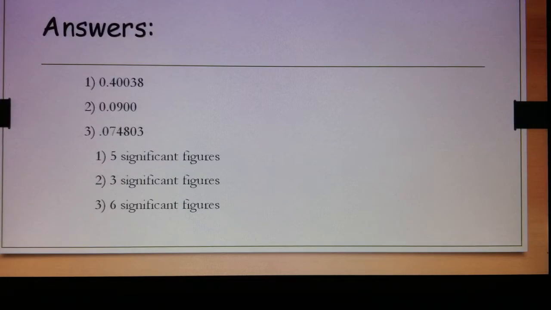Number one, it's five significant figures because all the numbers that are to the right of it are significant, not the zero. And number two, it's three significant figures. Wait, it's four significant figures. Sorry about that. Four significant, don't write three. And number three, it's six significant figures because the zero's to the right of it.